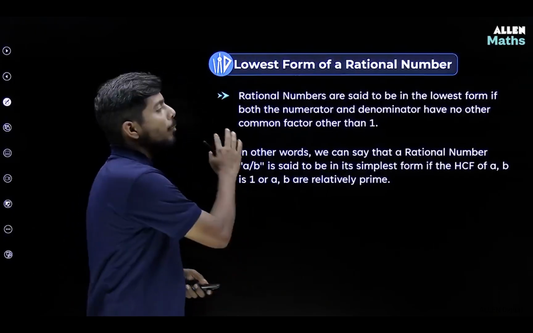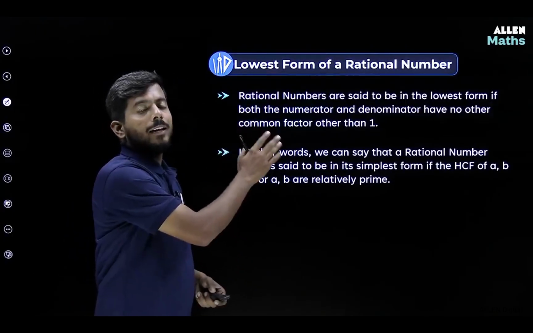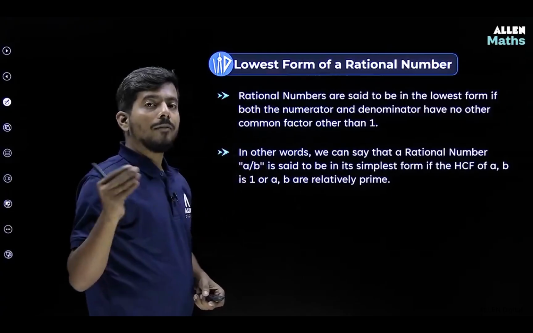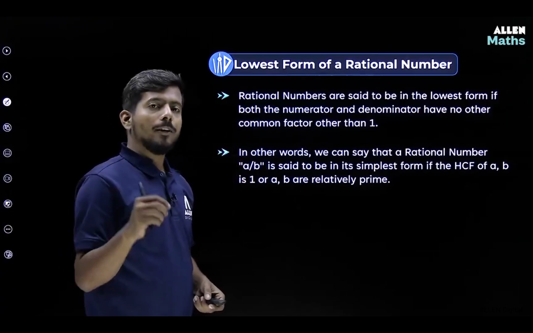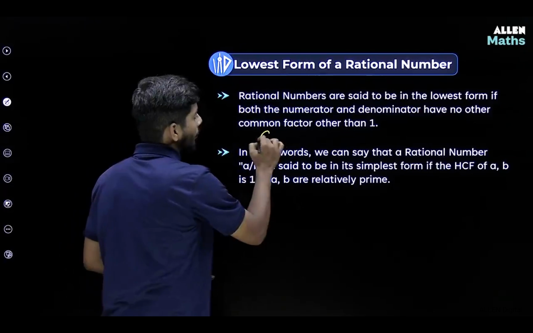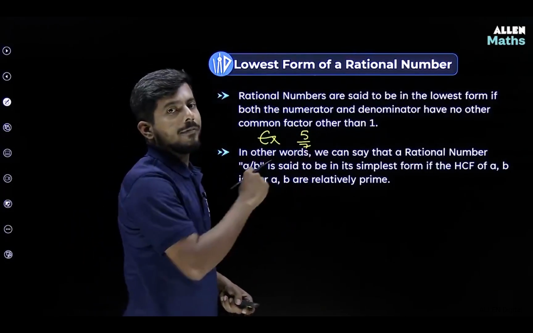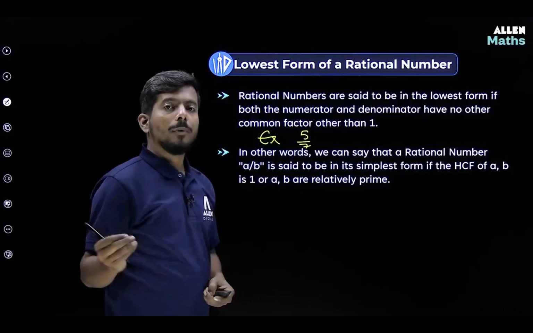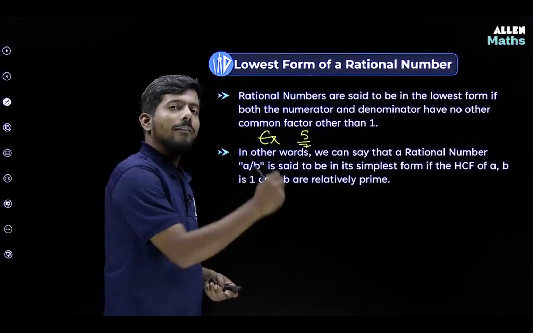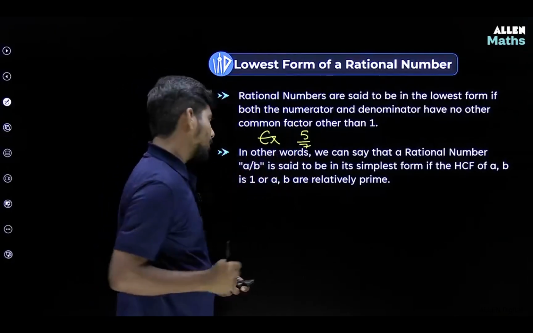Now let's discuss what is meant by the lowest form of a rational number. If the numerator and denominator do not have any common factor other than 1, that is called the lowest form. For example, 5 over 7. You will see that 5 and 7 do not have anything in common other than 1. So we can say that 5 over 7 is in the lowest form.